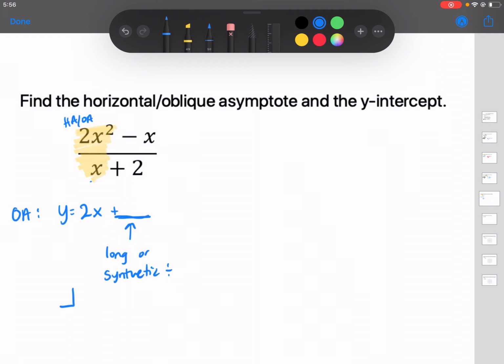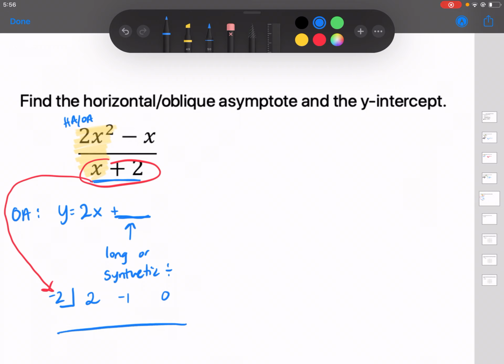I'm going to take the 0 of the denominator. So I'm just going to make a little note right here. That's where we got that. And then we're going to put our constants. So we've got 2, negative 1, and 0.